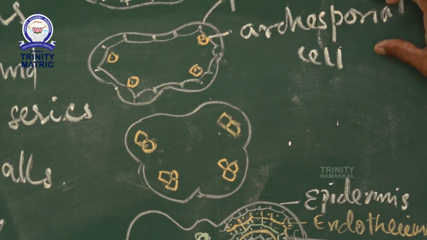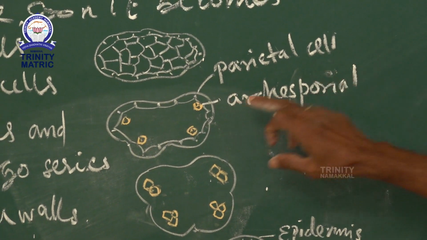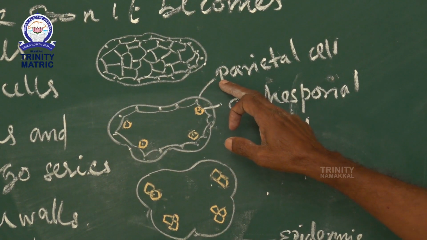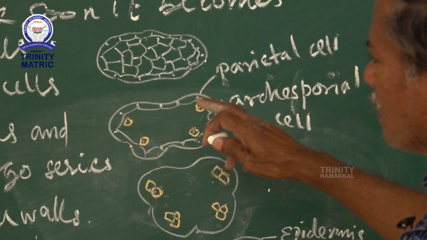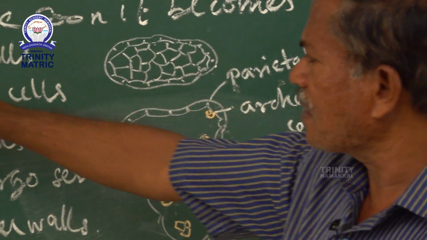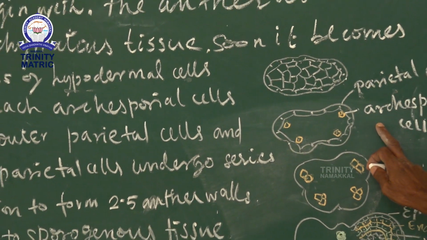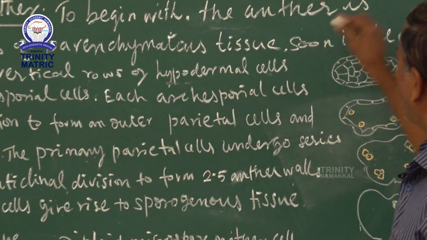The hypodermal cells undergo division and give rise to archesporial cells, and the outer layer is called the parietal cell. Both are produced from the hypodermal cell. Then each archesporial cell undergoes periclinal division. What is periclinal division?